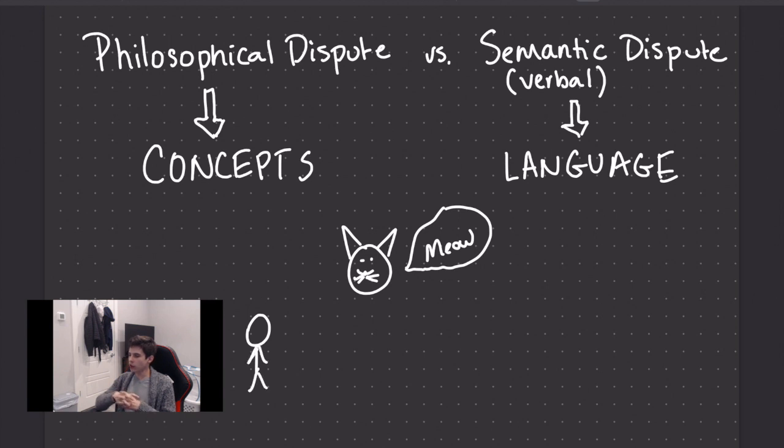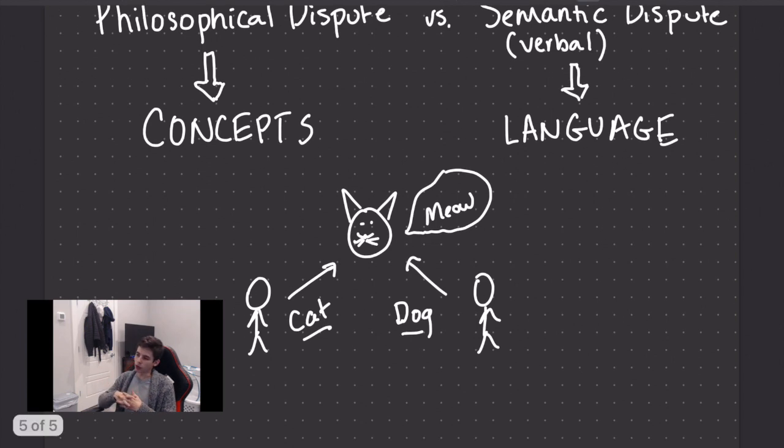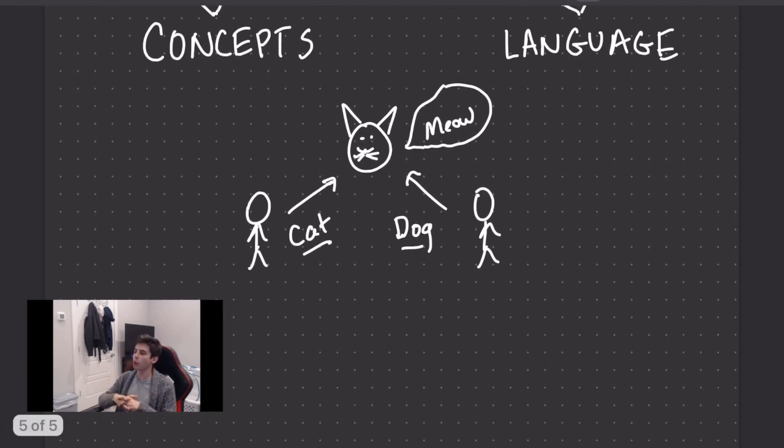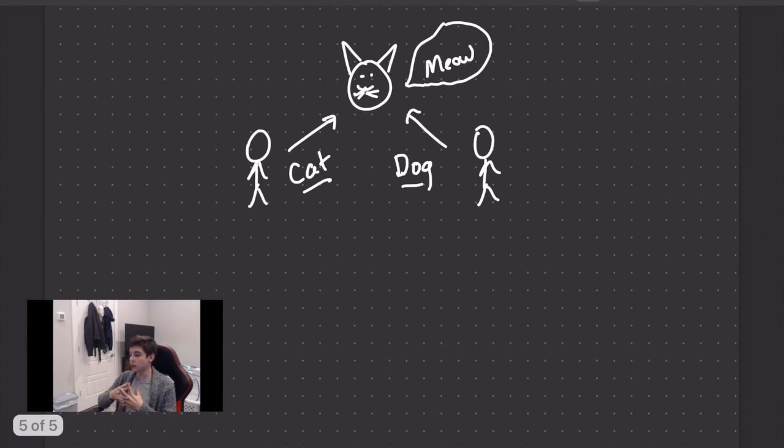But imagine if I said that we should call that thing that meows a cat, and they think that they should call that thing that meows a dog, right? Well, that's just not how I use the word, right? So, yes, you could debate that if you want to communicate with people well, you need to use this utterance, this word, to denote the thing that goes meow.